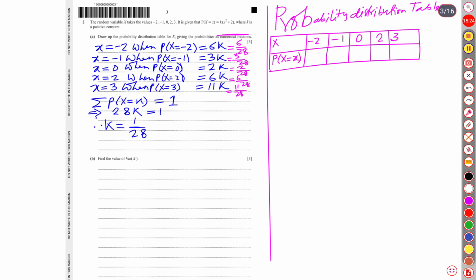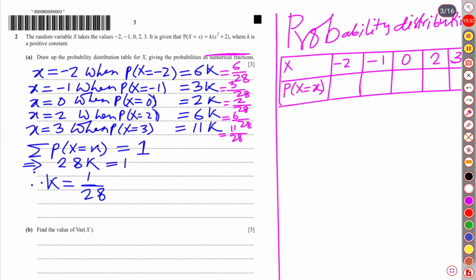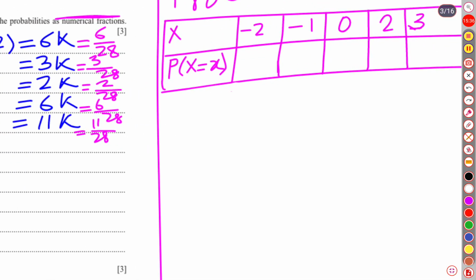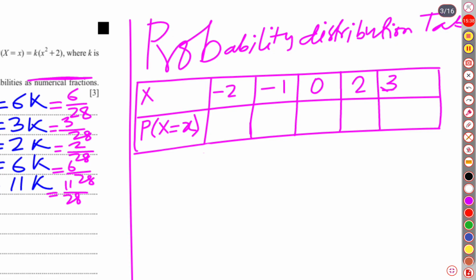When x is -2, our probability is 6 over 28, which is written as 3 over 14, isn't it? The first one is 3 over 14. The second one is 3 over 28.